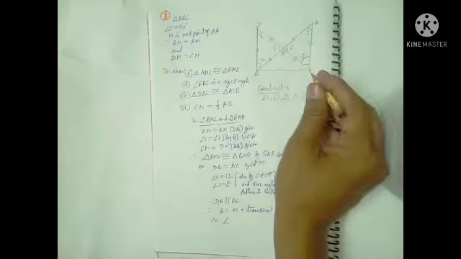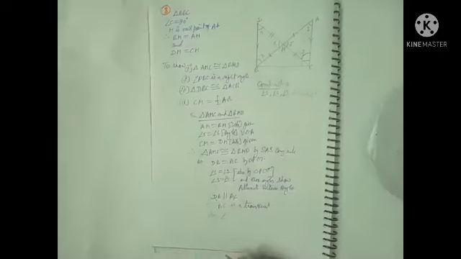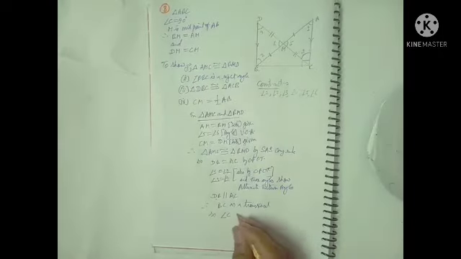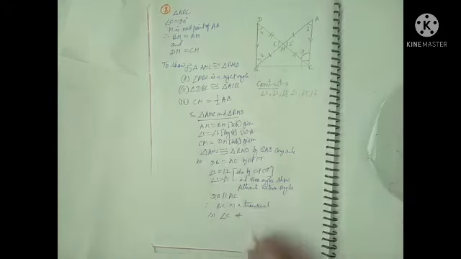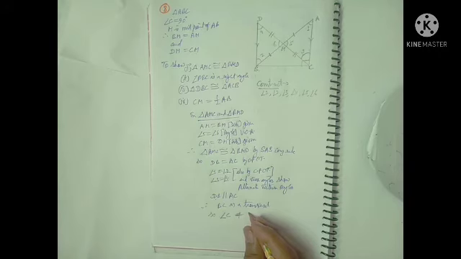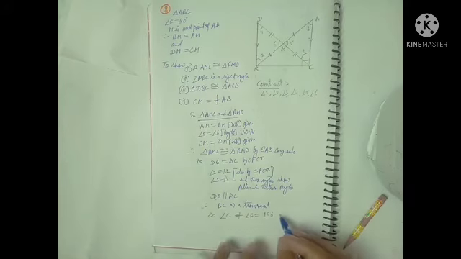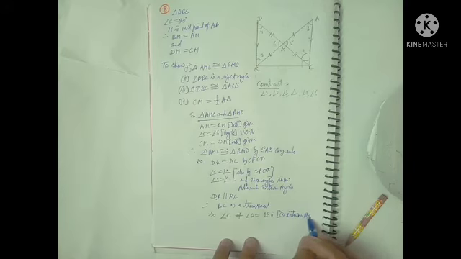Angle ACB plus angle DBC is equal to 180. What are they? Co-interior angles.